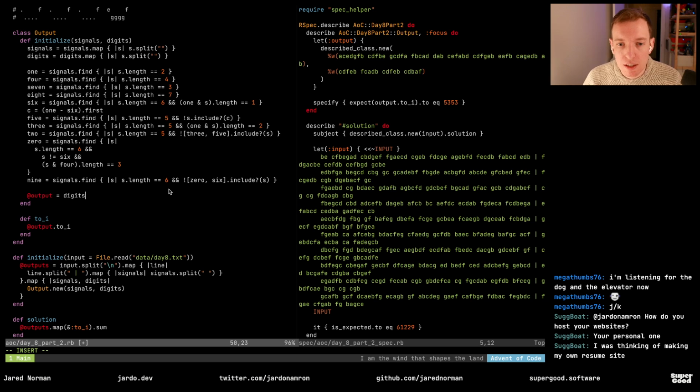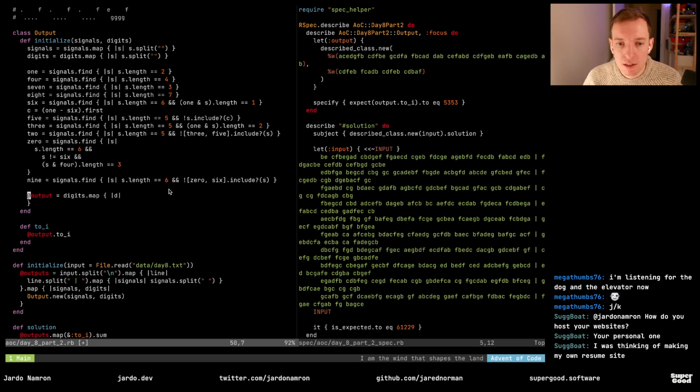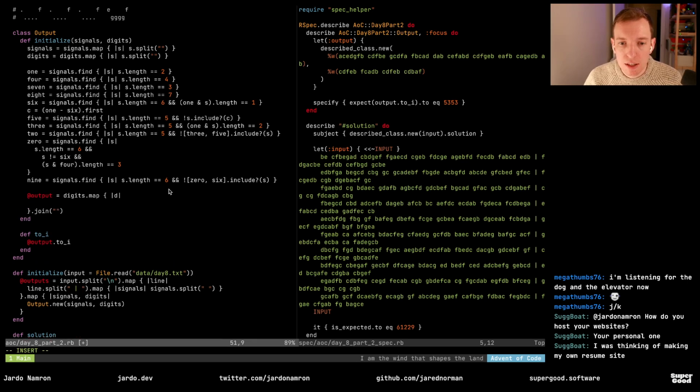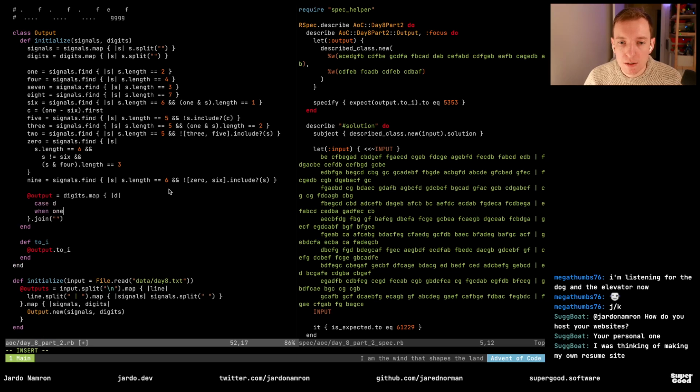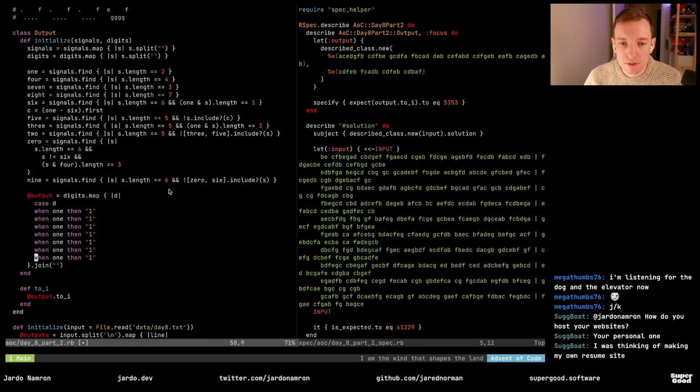So this is digits, map, digit, and then join those, and in here we'll do case D when 1 then 1. I don't know how many that is. This is one of the sillier things that I've ever written in Ruby.